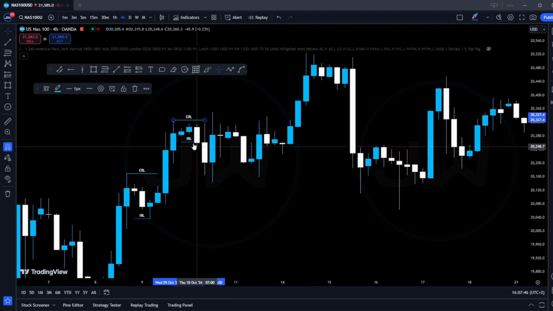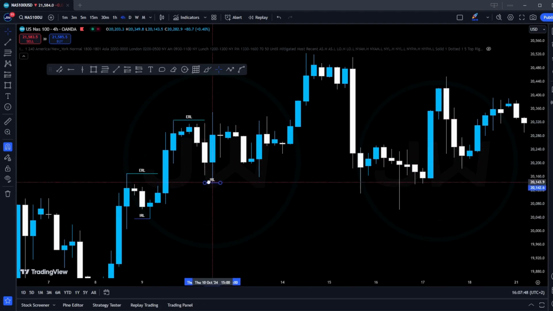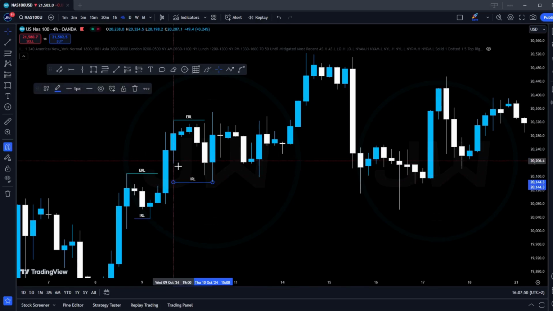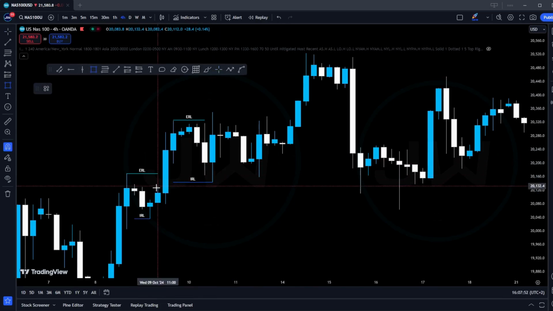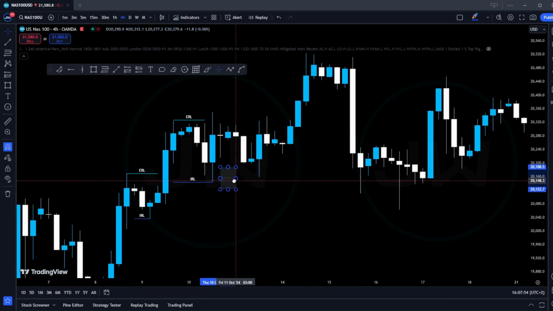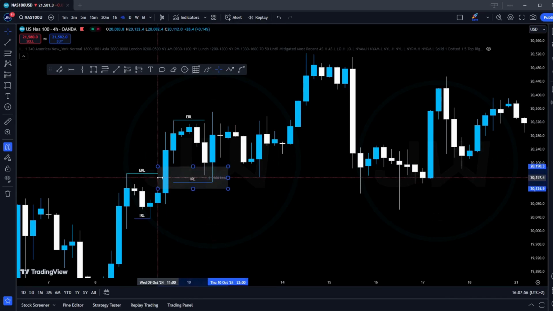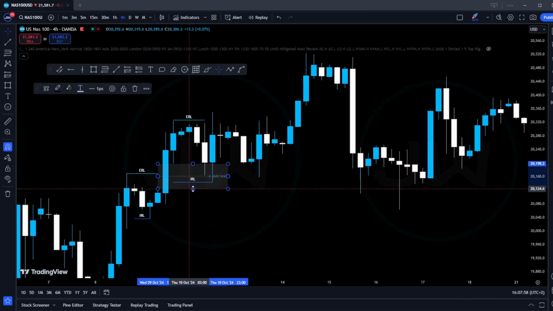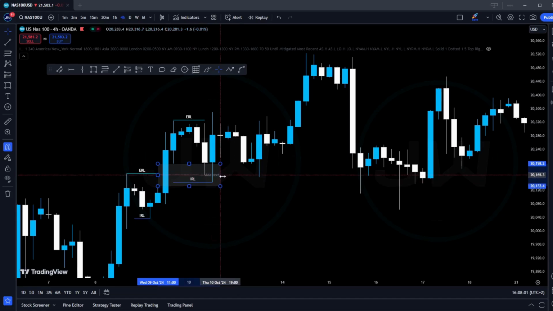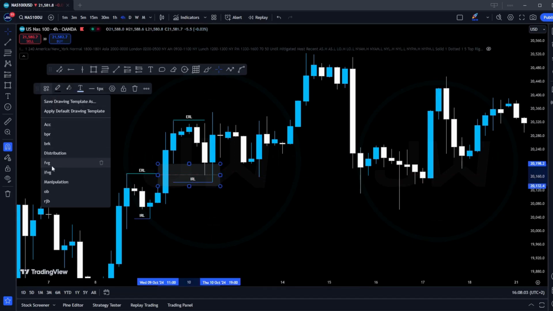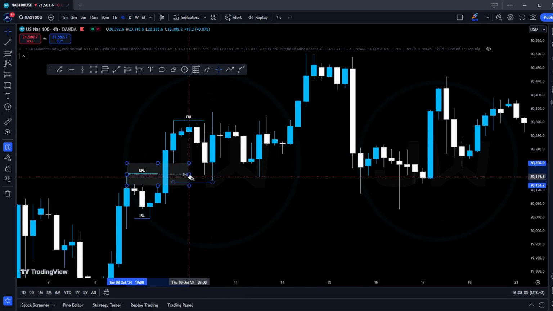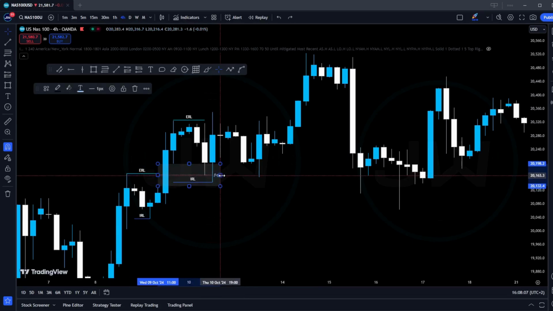Over here, it moves internally to this liquidity here. Now, if you're already ahead, you can see that this is a fair value gap, and that falls under our internal range liquidity. This gap right here.